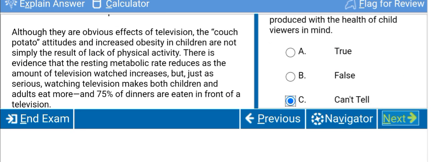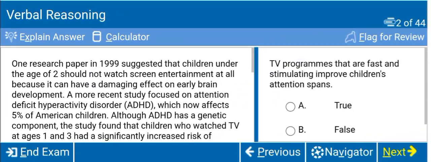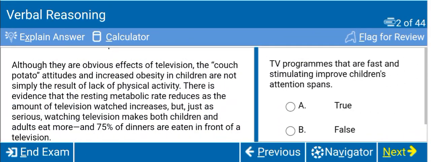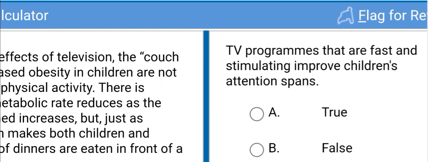Next question, again with the same passages. As I've told you already, each passage is associated with 4 questions. So this is question number 2. TV programs that are fast and stimulating improve children's attention spans.